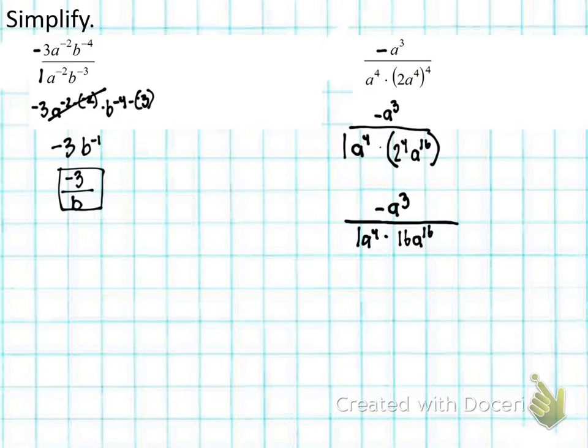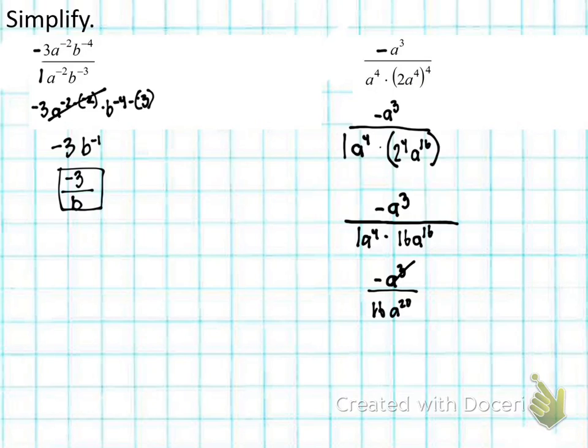So now I'm going to keep moving down. 1 times 16 is 16, so that's in my denominator. a to the 4th times a to the 16th is a to the 20th. Okay, and then we have negative a to the 3rd in the numerator. Let's use that second method I was talking about, or Julian brought up. So a to the 3rd, let's take away 3.